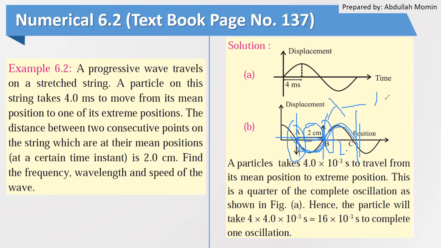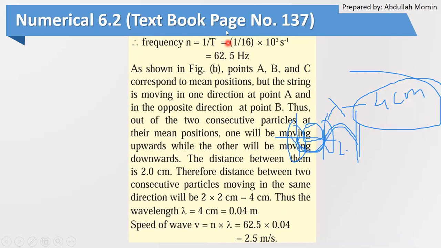So we will say that lambda is equal to 4 centimeter. So we will write our equation that lambda is equal to 4 centimeter, meaning 4 into 10 raised to minus 2 meter, or we can write 0.04 meter.